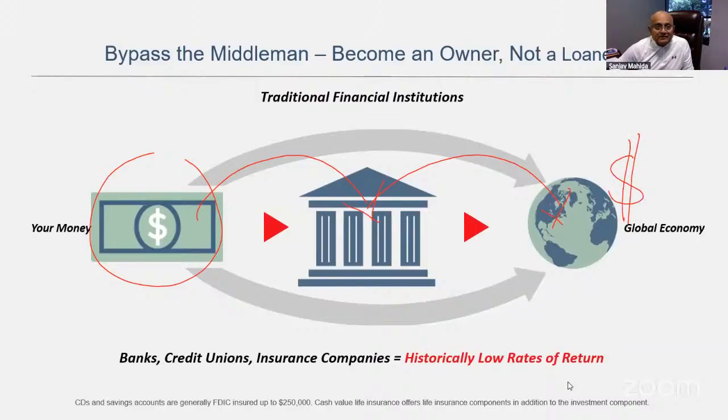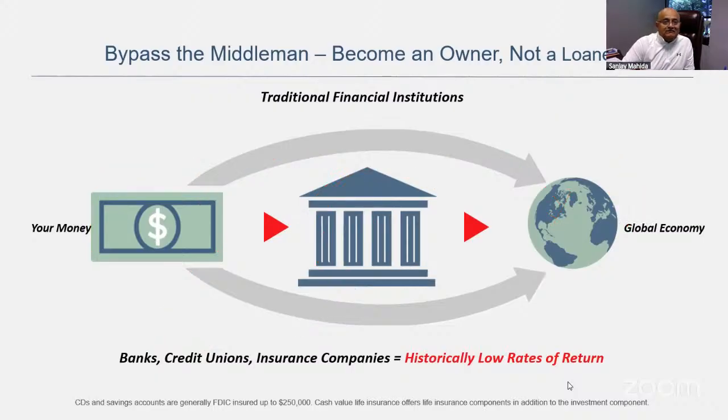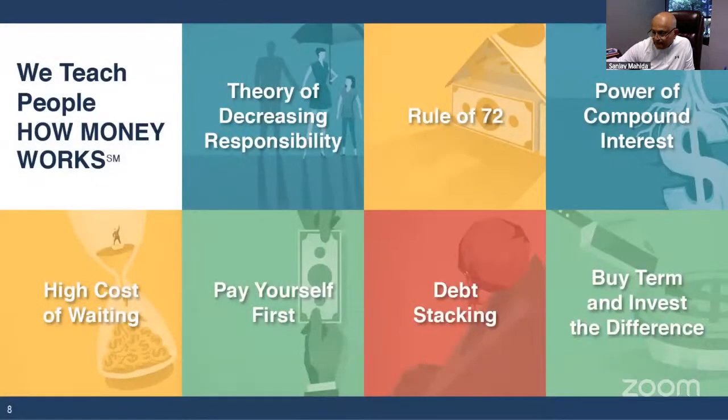But do they share that with you? Nope. It's your money, right? So with banks, credit unions, insurance companies, they design a system where they make the profit first before they give us anything. And that's our money. So we call that: become an owner, not a loaner. What does that mean? Let's just learn how to bypass these guys. Fair enough?